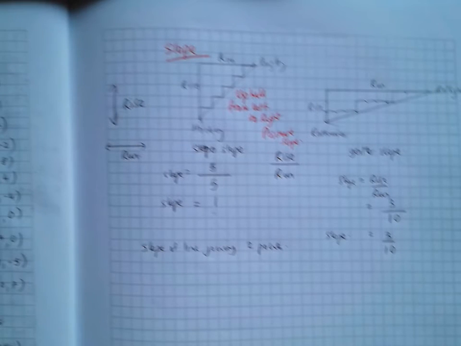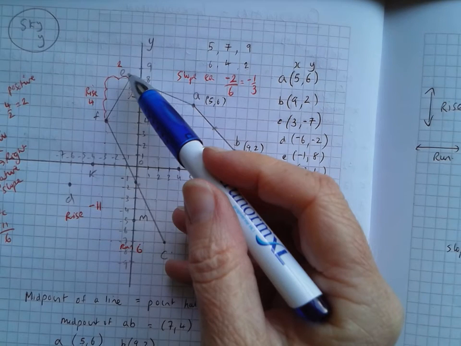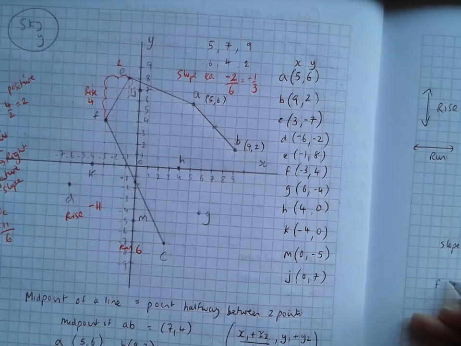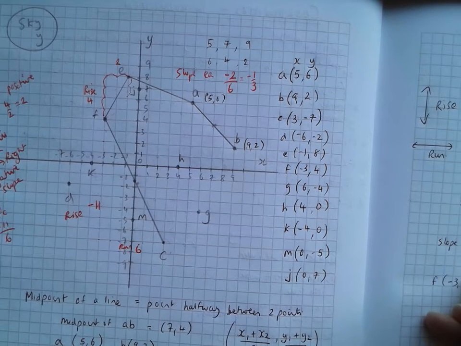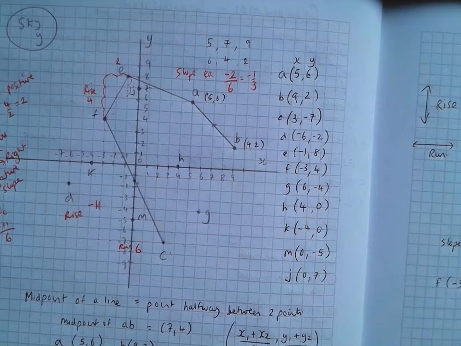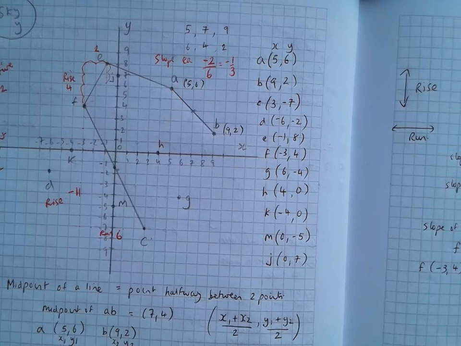So we had F and E first of all, F was minus 3, 4, and E was minus 1, 8. We'll do that one. And then we had FC, which was minus 3, 4 for F, and C was 3, minus 7. Let's do these two first, and then we'll see if we need to do another example.